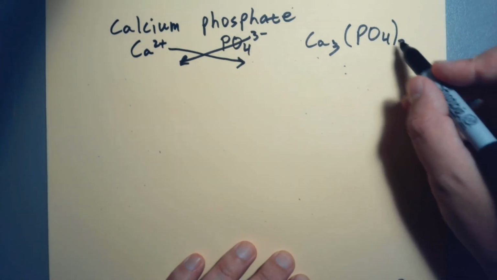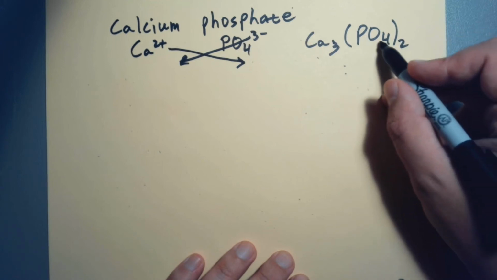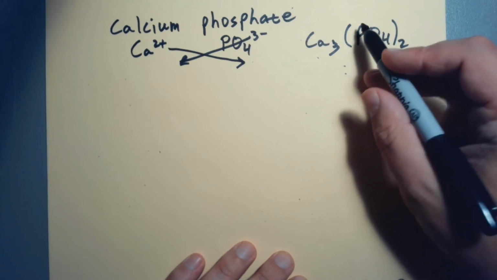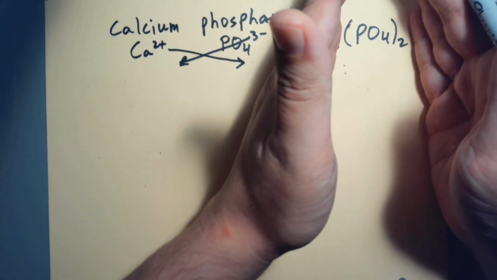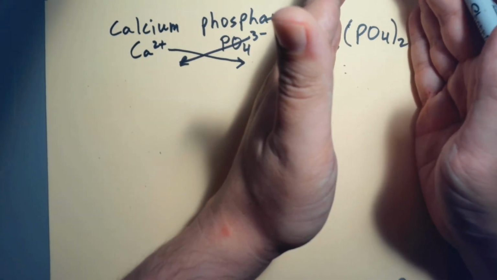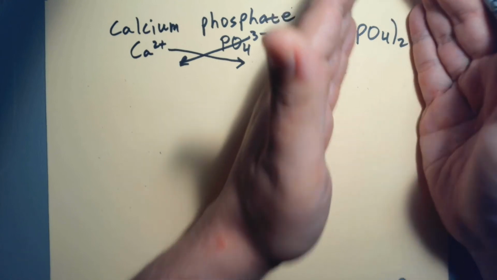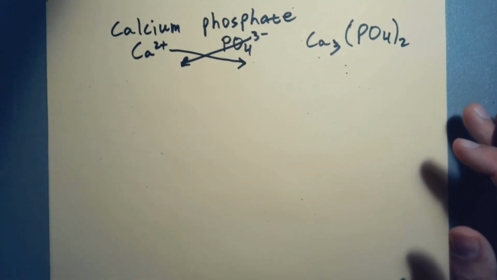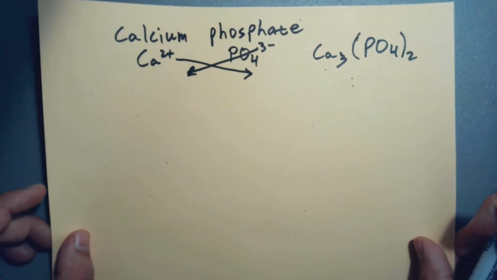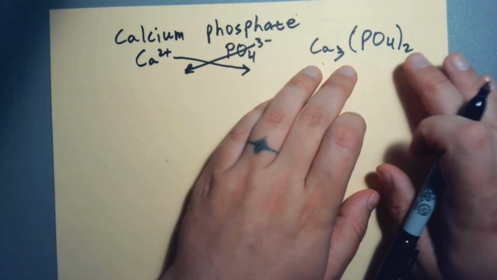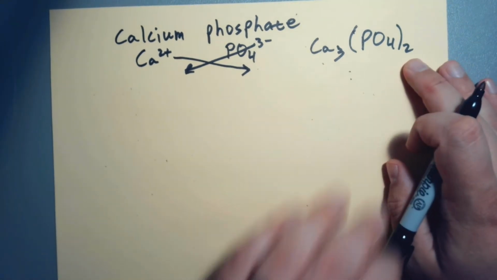That means there's 2 phosphorus and 8 oxygen in here. But we treat this whole thing as a prepackaged unit, and to show that there's 2 of them, we use parentheses. Now if there's only 1, like I had on the last page, we don't need parentheses. As always, we are just lazy and avoid doing more work until we have to. Now we have to use parentheses when we have more than 1.